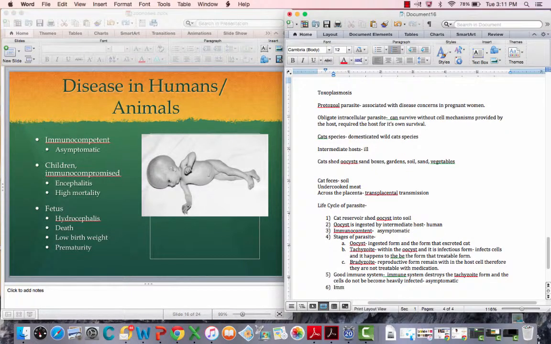If someone's immunocompromised, then the immune system does not destroy the tachyzoite form, and cells are infected by the bradyzoites. So you have a spread of infection.